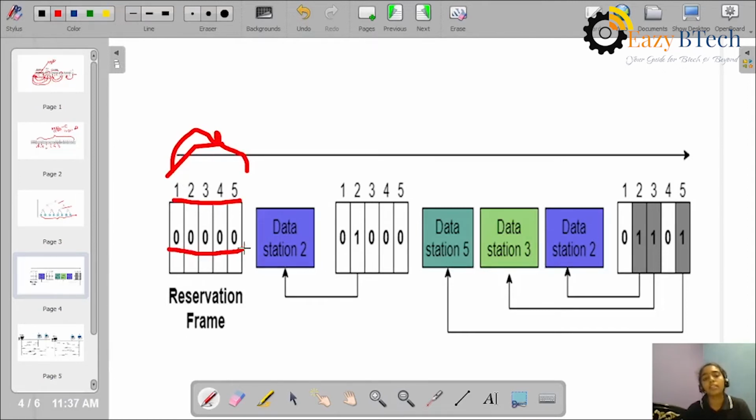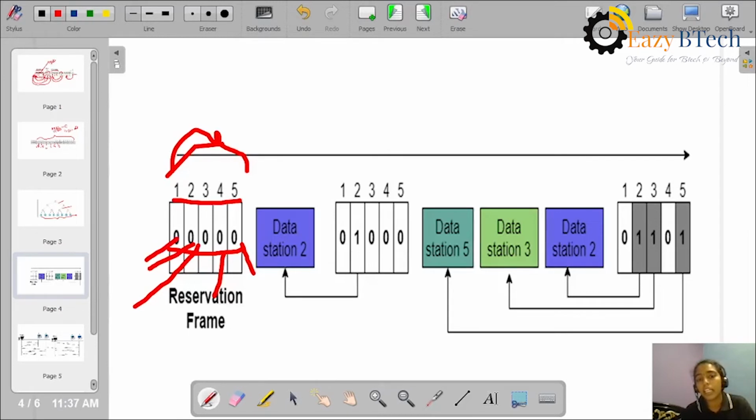The channel will be divided into a number of slots, and 1 2 3 4 5 are the stations. So here no station is in the reservation, right? If a particular station wants to use the communication channel to communicate a data frame to the destination, first of all it reserves the time slot, that means that particular channel.